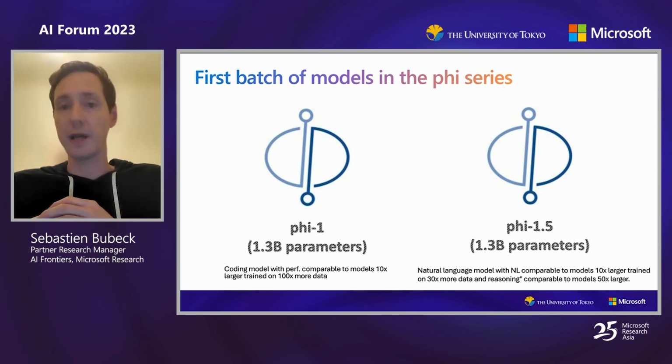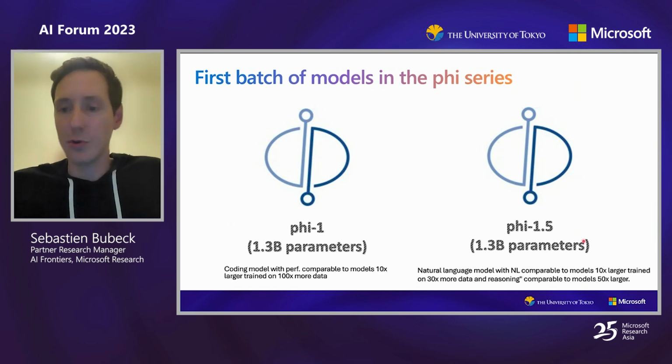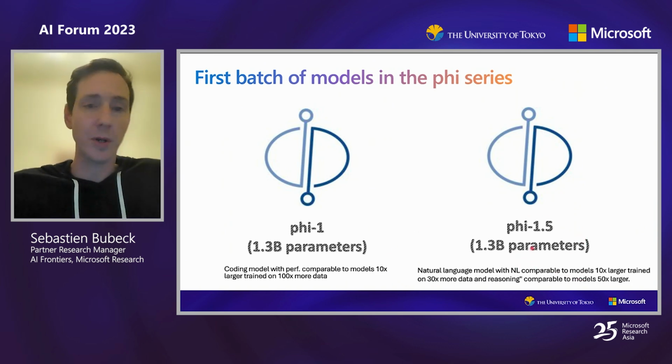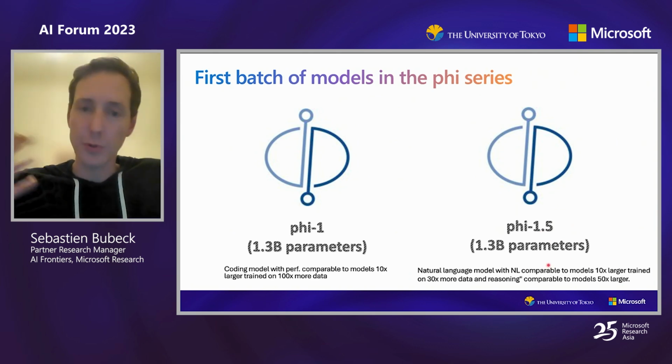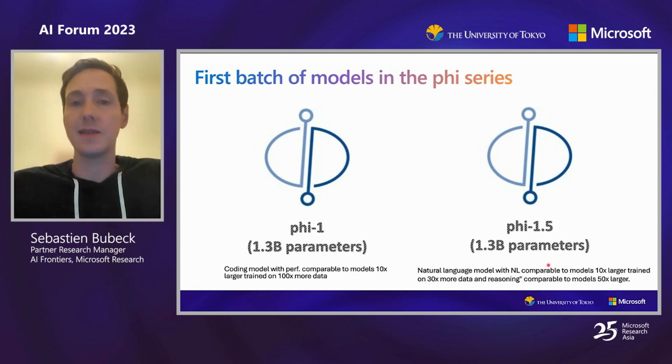So we wanted to see if we can reproduce that. Again, we targeted a very tiny model, and we were able to build a 1.3 billion parameter model which does have common sense, and again is comparable to models at least 10 times bigger, trained on 30 times more data. And in fact, for reasoning, as I will explain in terms of mathematics and things like that, it's comparable to models that are 50 times larger.